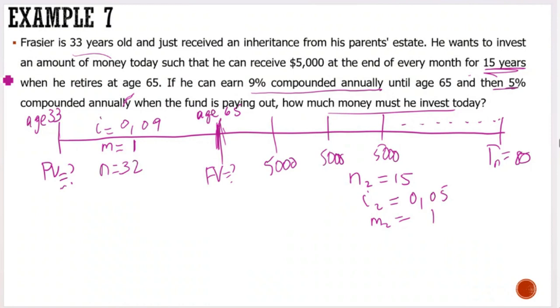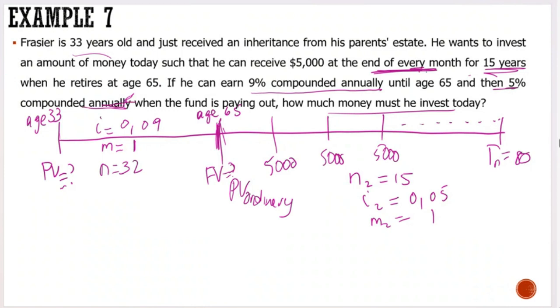we can calculate here. The future value is going to be the present value of the ordinary annuity. Why am I saying it's an ordinary annuity? It's because you are told this annuity is paying 5,000 at the end of every month. So you can see the payments are every month, however the interest is compounding annually.